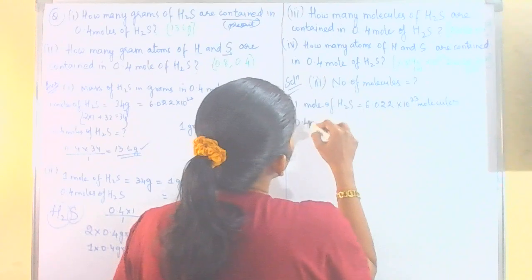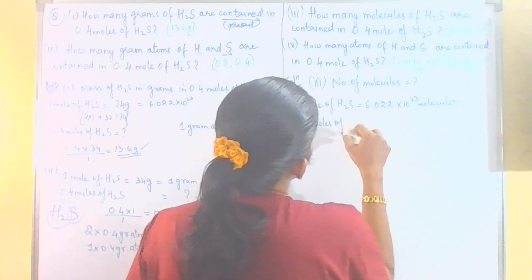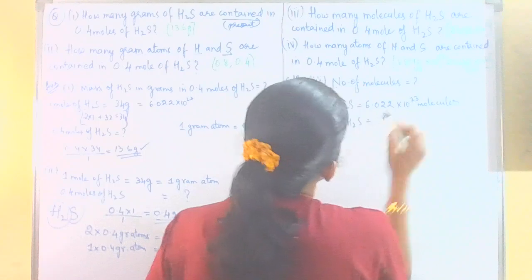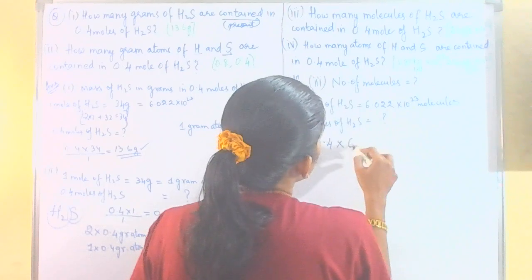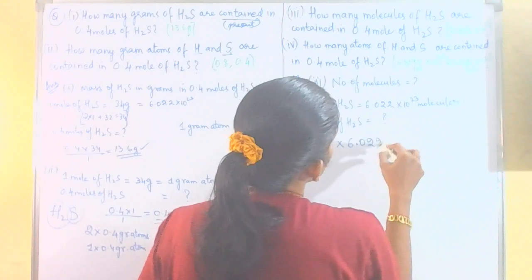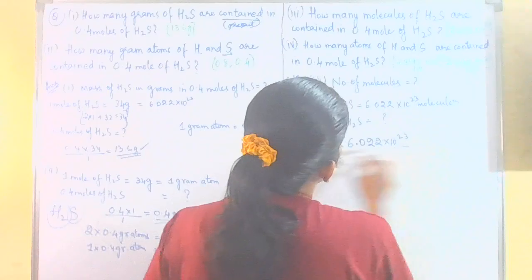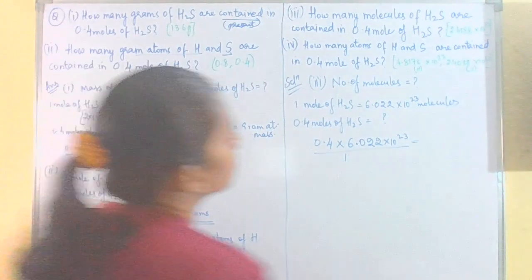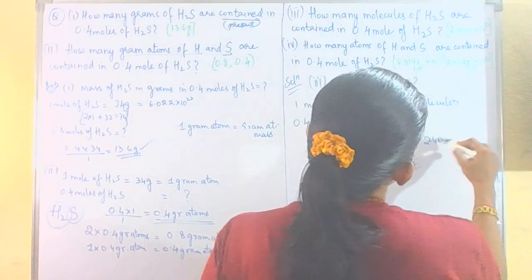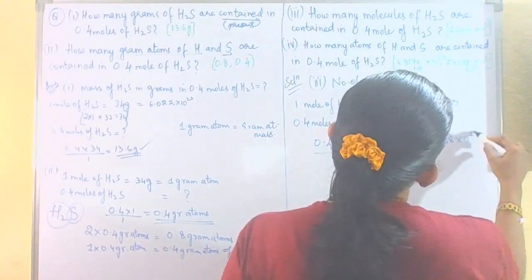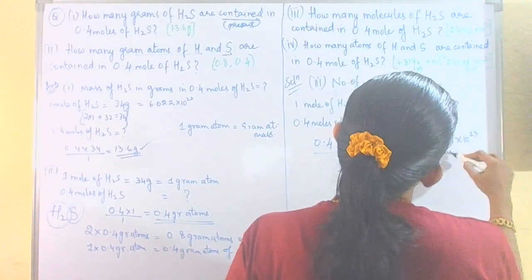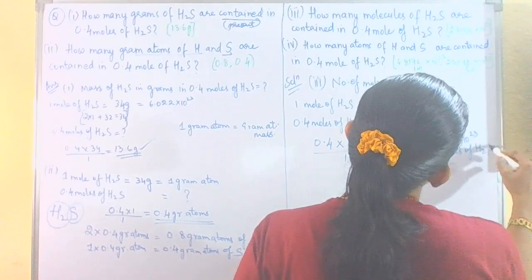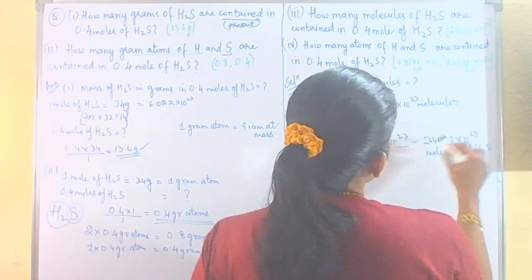Then in 0.4 moles of H2S, the number of molecules is equal to how much? 0.4 into 6.022 into 10 to the power 23 by 1, which is equal to 2.4088 into 10 to the power 23 molecules of H2S present in 0.4 moles of H2S.